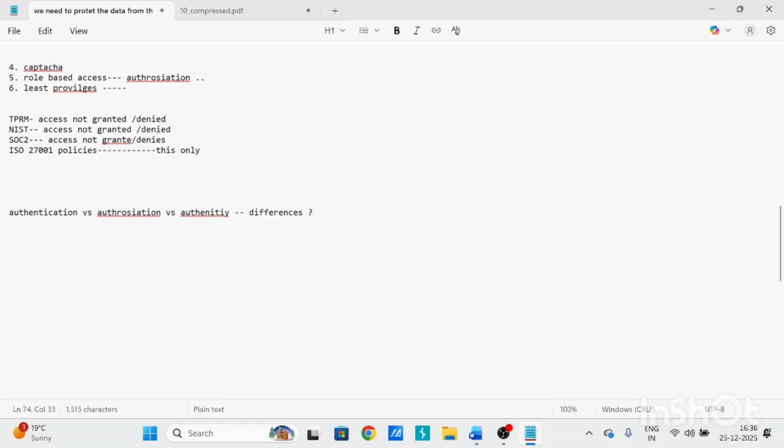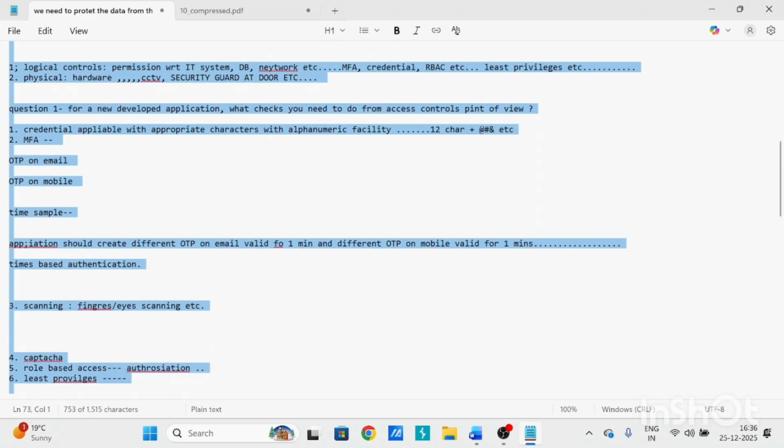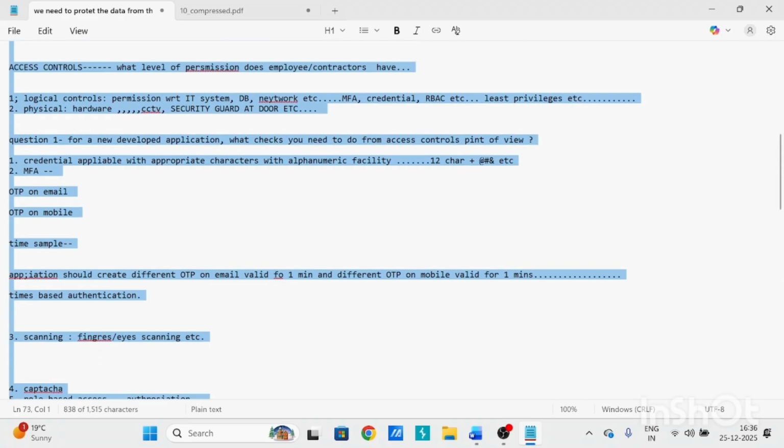These are the six things related to access control in an interview.